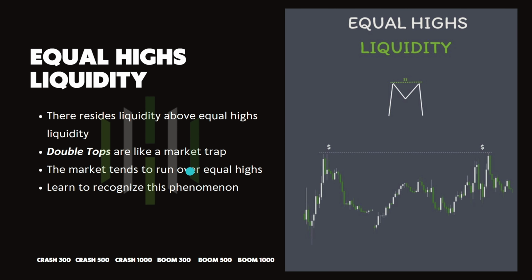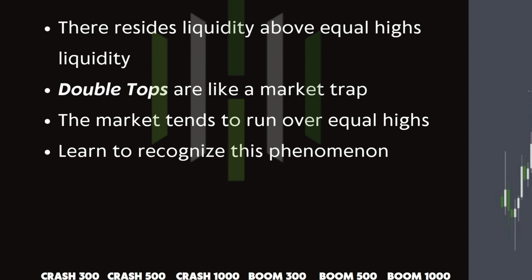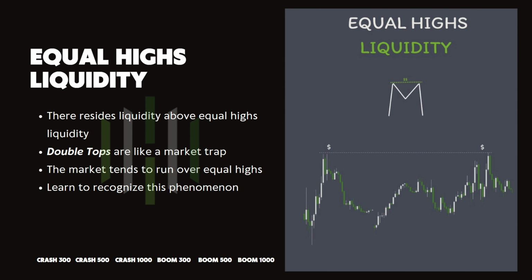There resides liquidity above equal highs and double tops, which is a popular market term. They are like a market trap sometimes. What I mean is the market tends to run over these equal highs, so you need to learn to recognize these patterns, right?